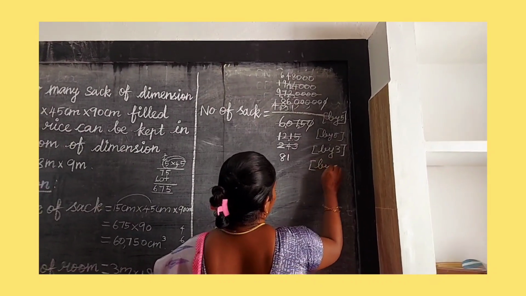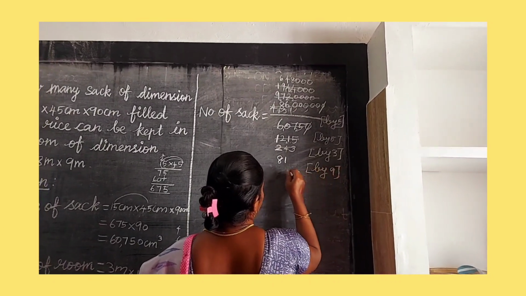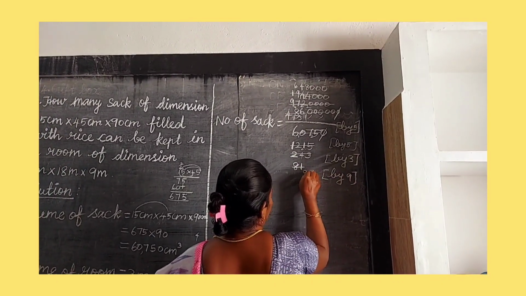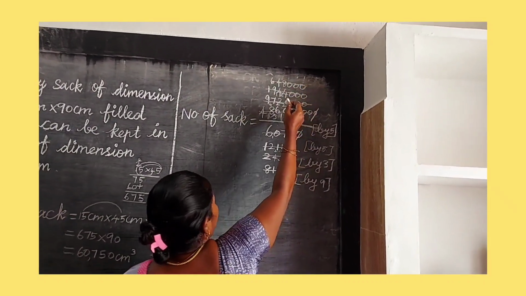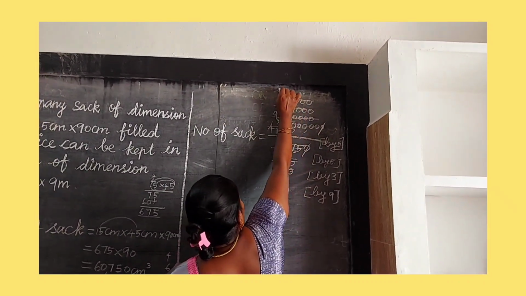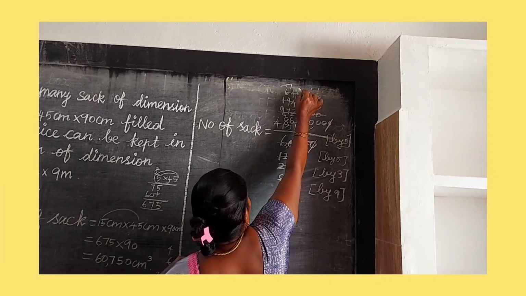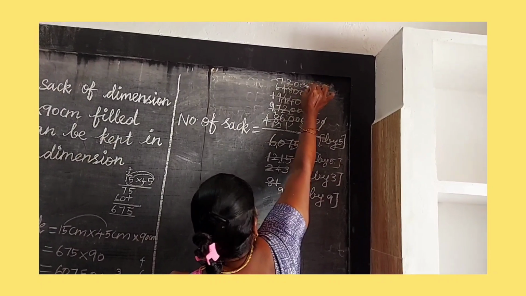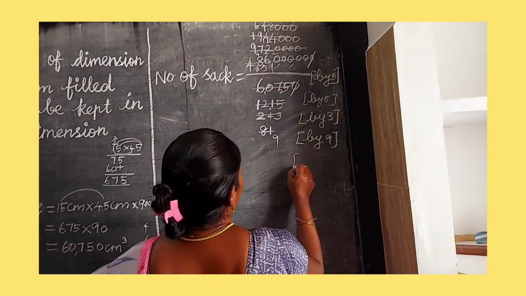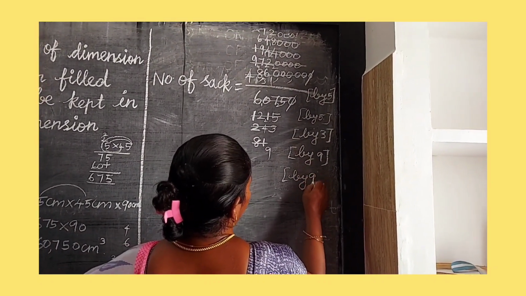Take the 9 table. 9 nines are 81, 7 nines are 63, carry 1, 2 nines are 18, again adding 3 zeros. Take again the 9 table.